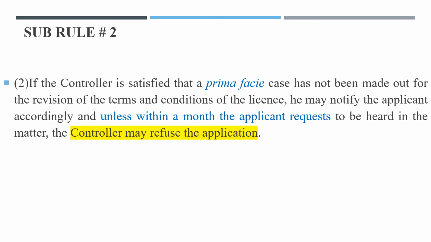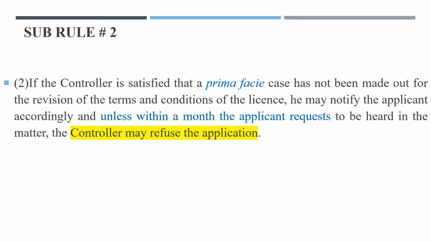The simple meaning is that if the controller finds that a prima facie case has not been made out, then he shall notify the applicant accordingly. That is the first step. Unless the applicant requests to be heard within 1 month from such notification, the controller may refuse the application. This is the second step.